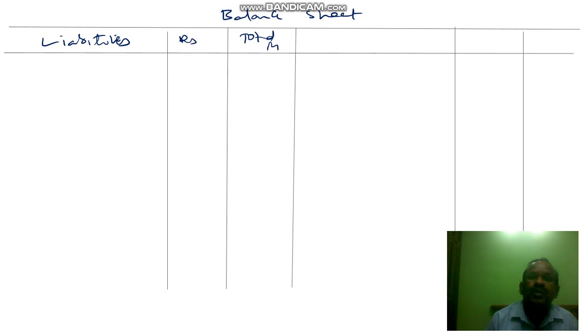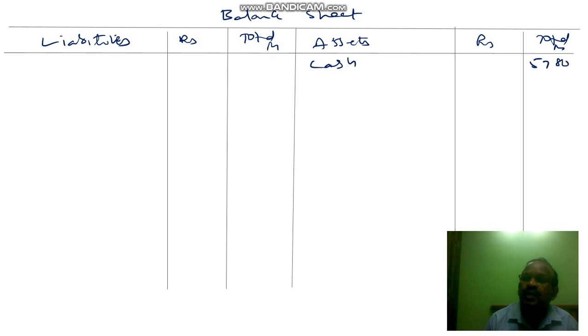Next is the balance sheet of the firm. Liabilities, rupees, total rupees, assets, total rupees. So first we write the assets. Here the cash, we already prepared the cash account.